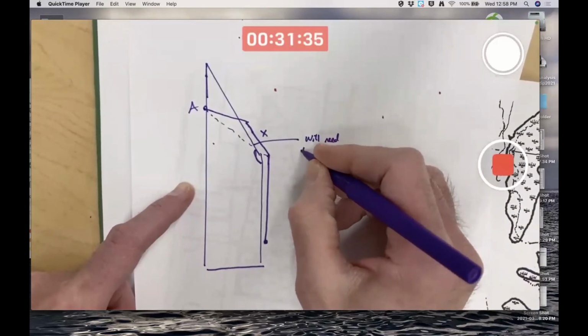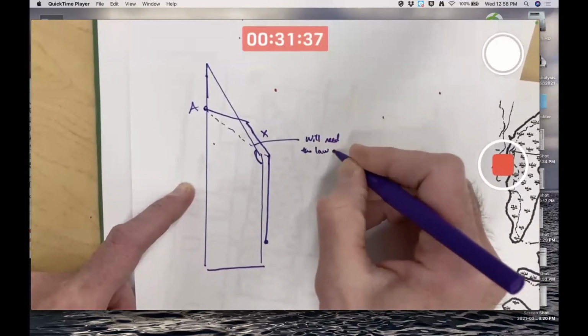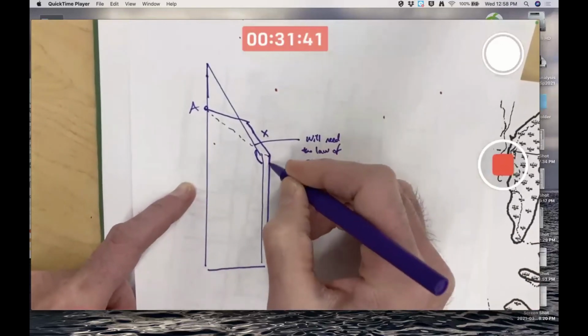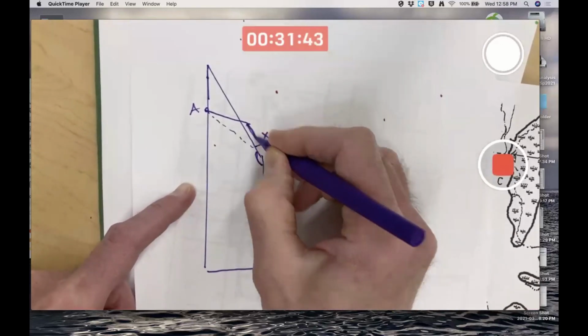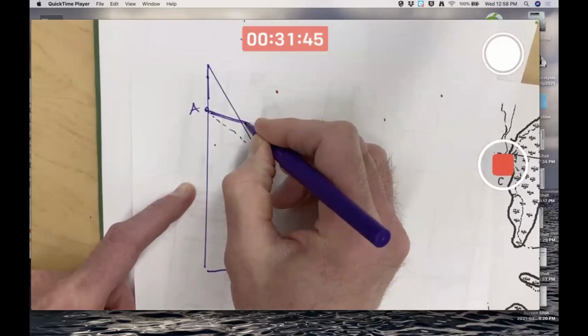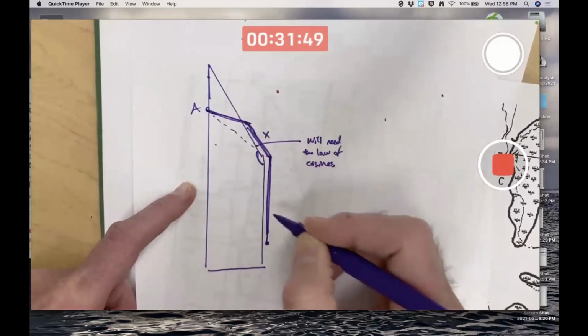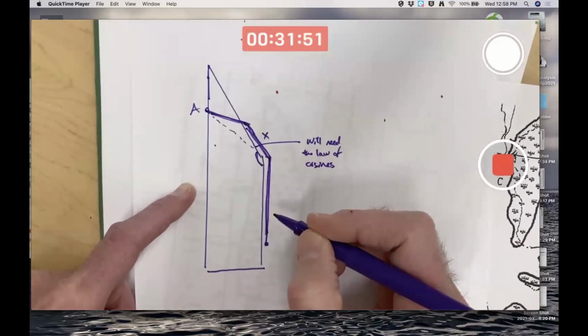You'll need the law of cosines if you're going to ultimately figure out how the total cost of going along here and then along here depends on x. These two parts are in dry land. This part is the wetlands. Okay, I'll probably give you some more hints in my message.